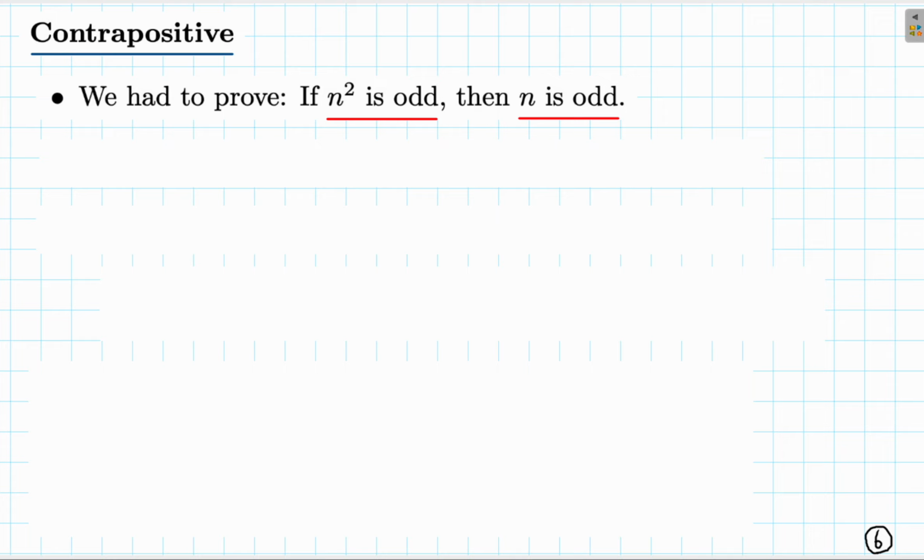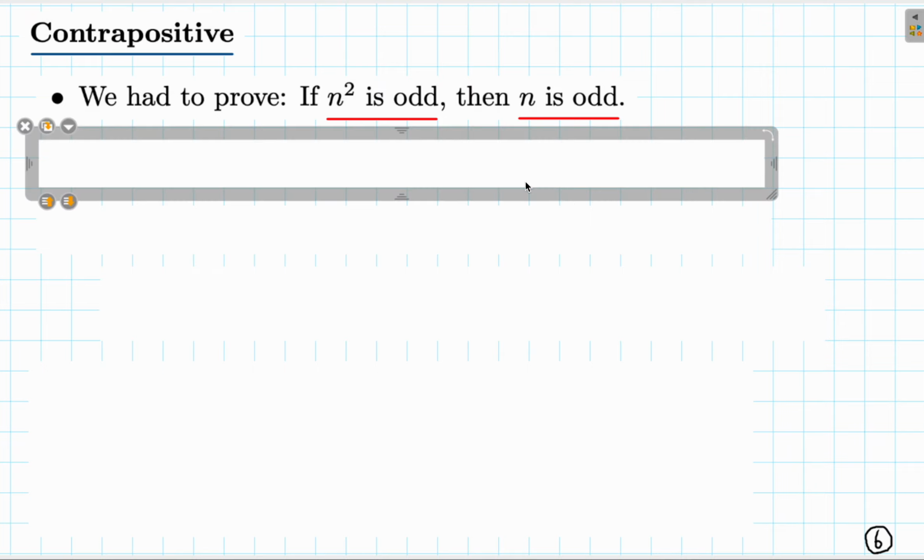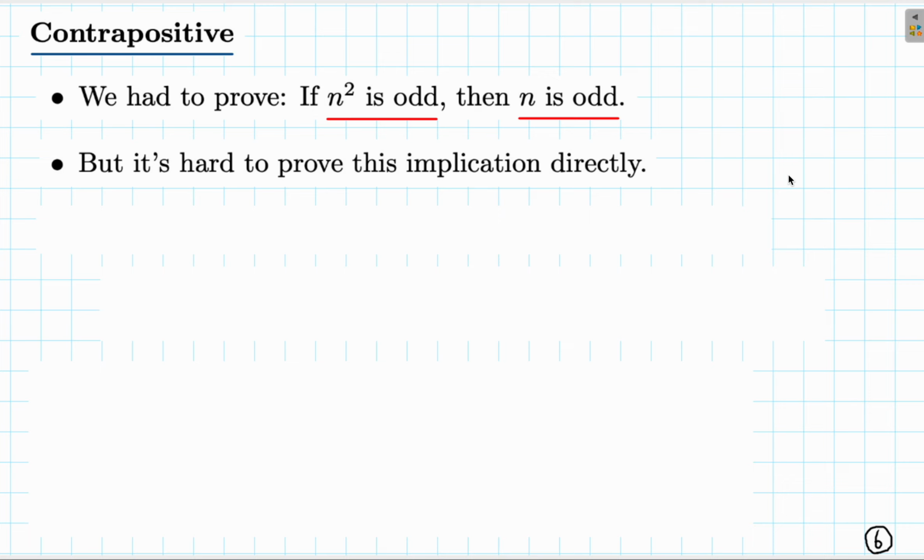We had to prove the following. If n squared is odd, then n is odd. But as we saw, it's hard to prove this implication directly. When we tried to prove it directly, meaning assuming the hypothesis and trying to prove the conclusion, we ran into square roots, which is, well, we like to avoid square roots if possible. So we couldn't prove it directly.